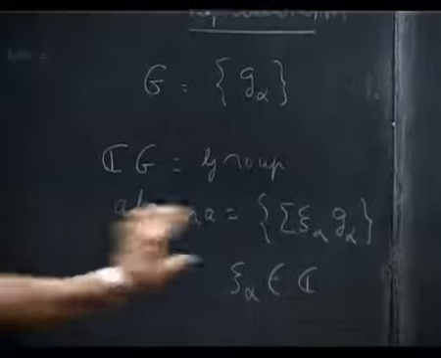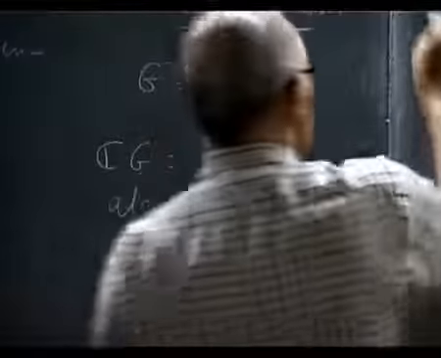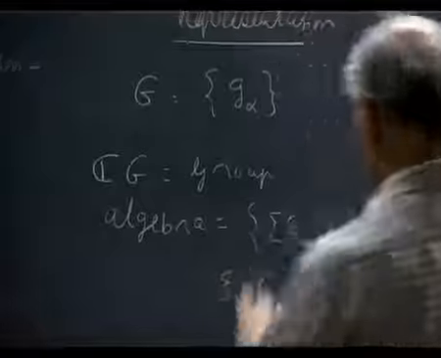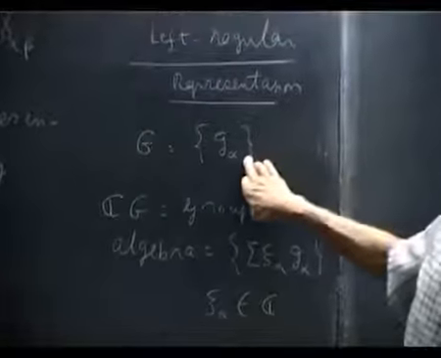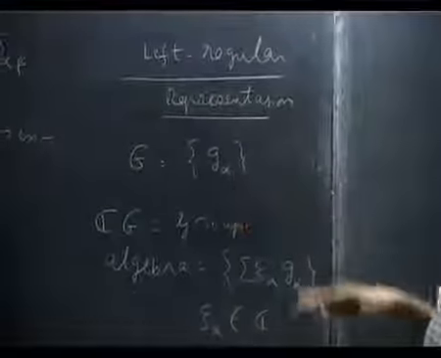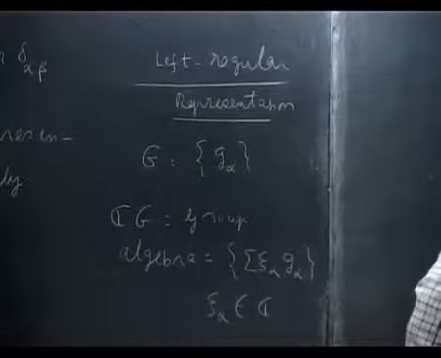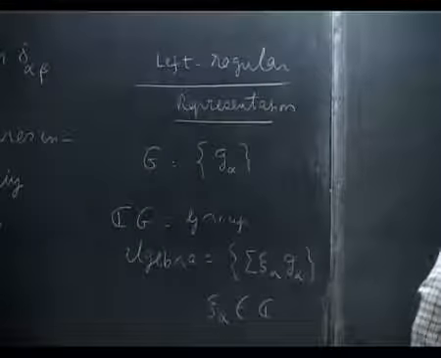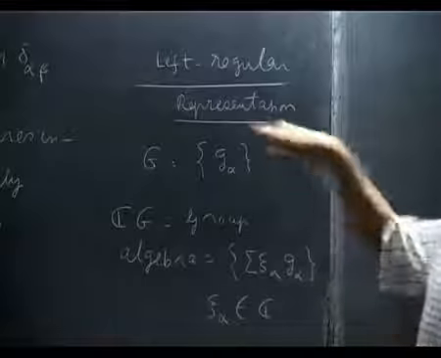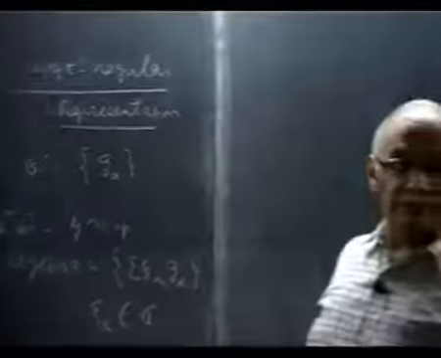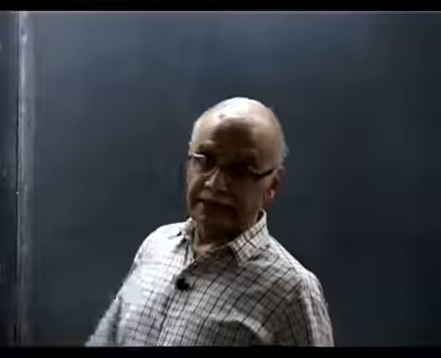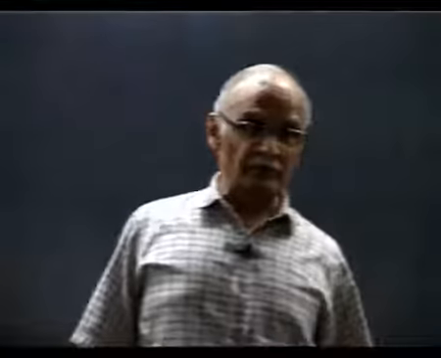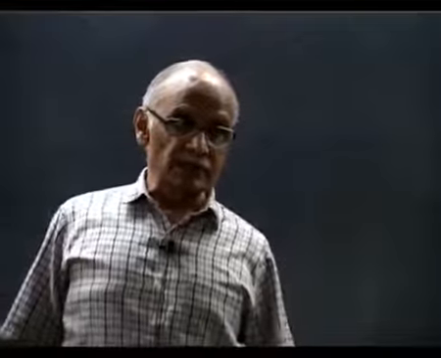The algebra is a vector space with this as basis; you declare them to be independent. You consider the vector space freely generated by these elements. You can take any collection of things and make a vector space, say they are linearly independent, and take formal linear combinations. So it is that vector space, but there is a natural product here.